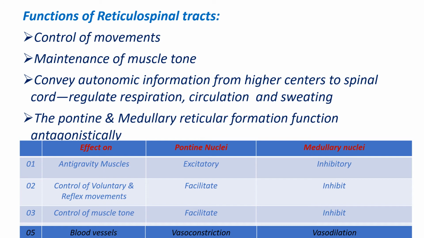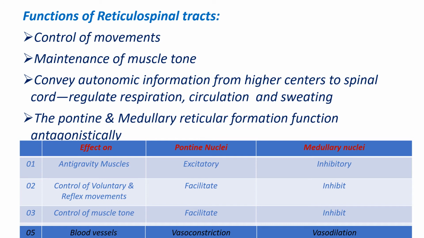Hence, these two constitute a controllable system that is manipulated by the motor signals from the cortex and elsewhere to provide the necessary muscle contraction for standing against gravity, and also to inhibit the appropriate group of muscles whenever they are needed to perform other functions as required.